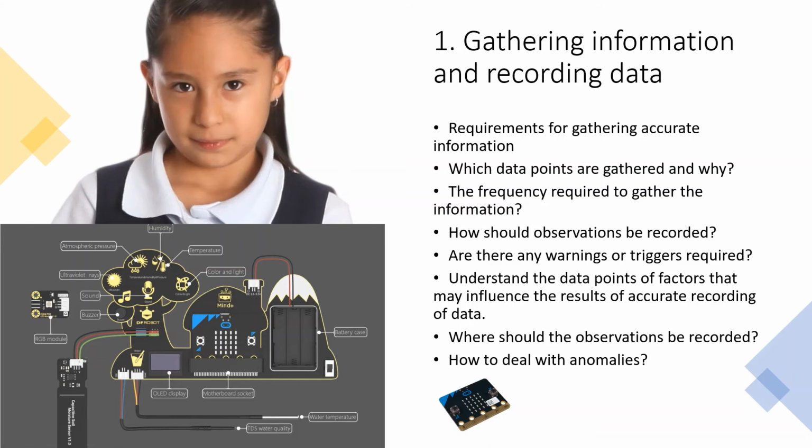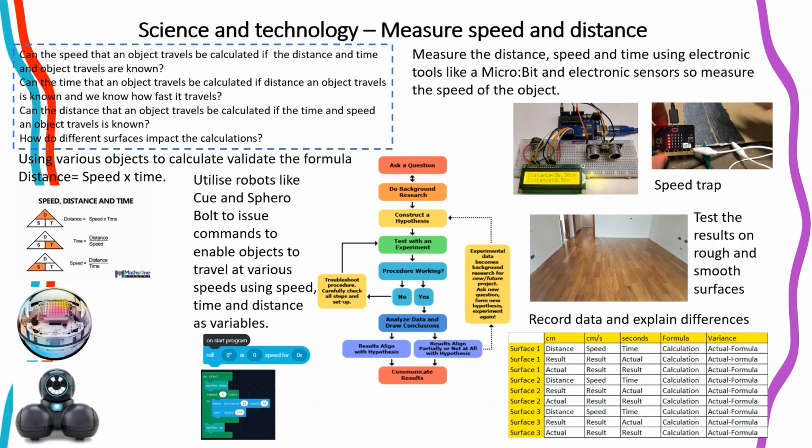Second of all, how do you record data, how you deal with anomalies, and then from there on we will move over to the scientific process, where we can utilize the scientific process to actually deal with testing some scientific formulas and the effect of those formulas under non-ideal circumstances, real-life circumstances, recording the data, analyzing the data, and also code in the process.